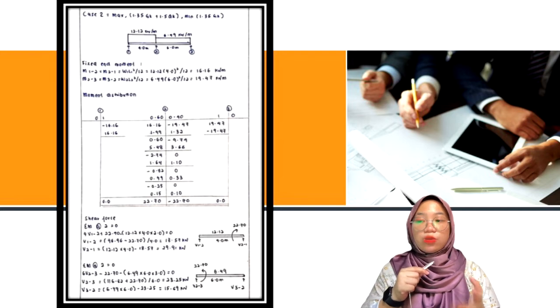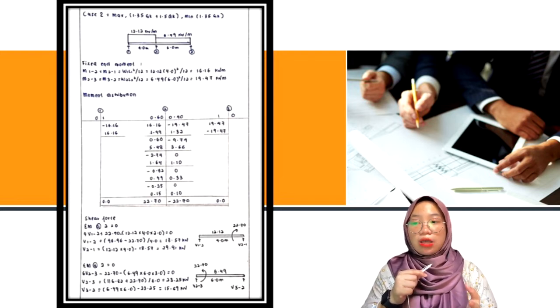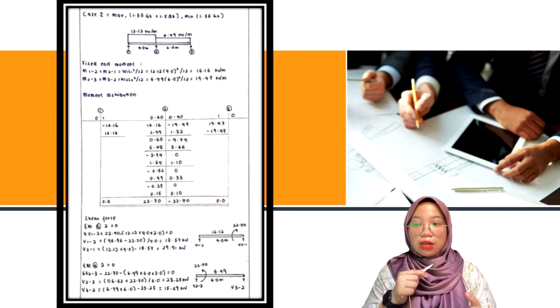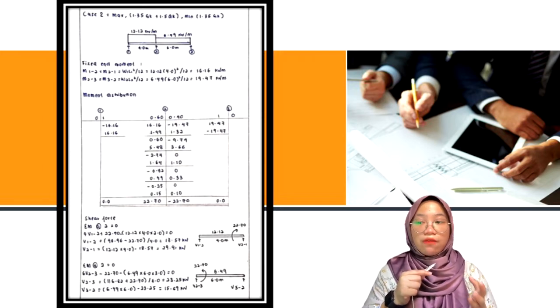For the moment distribution, based on the calculation result shown on the slide, we get the sum at factor 0.60 as 22.70, and at factor 0.40 as negative 22.70.